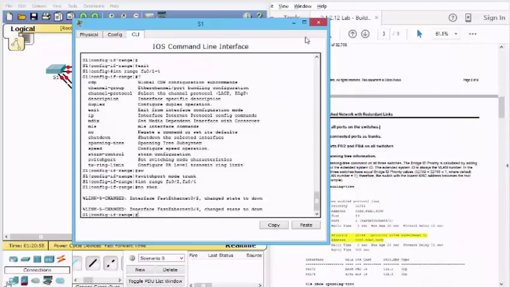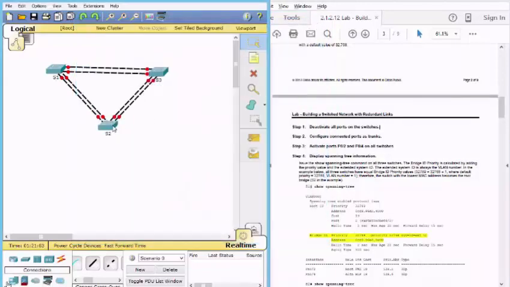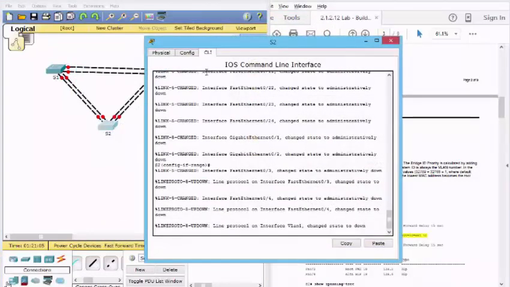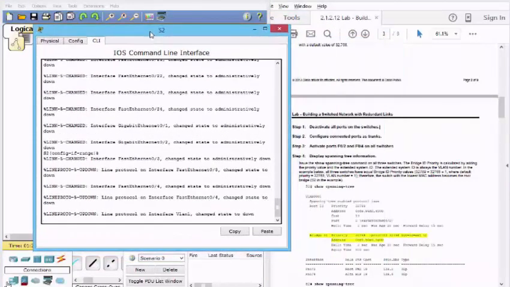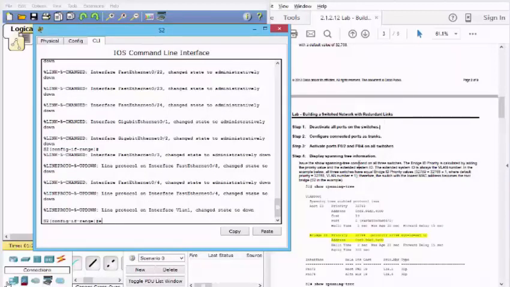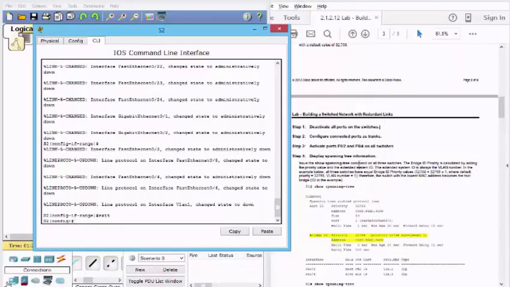Now we do the same things for switch 2. We first configure all the connected ports as trunk ports. Exit to go to global config mode.